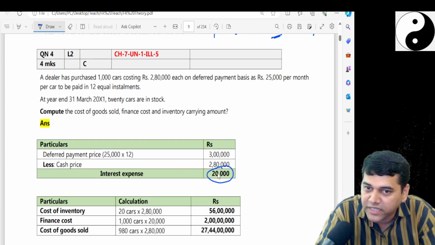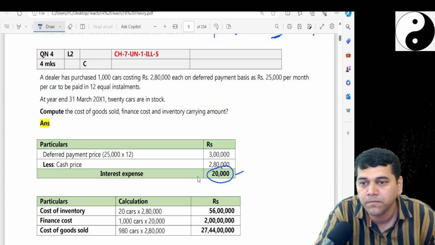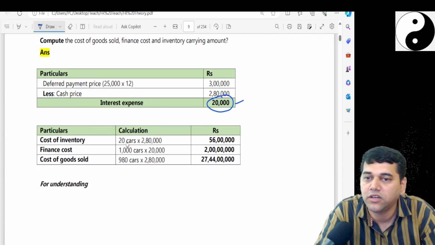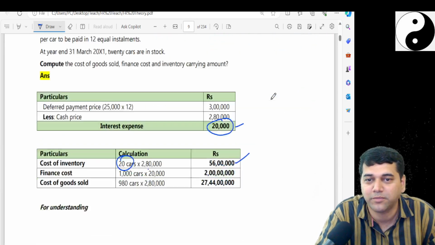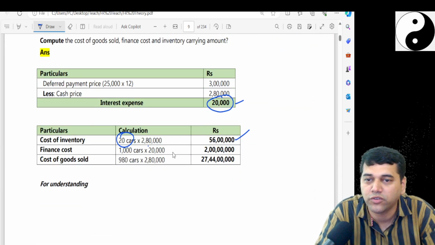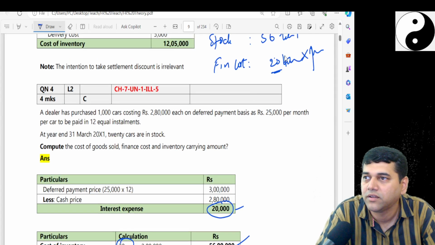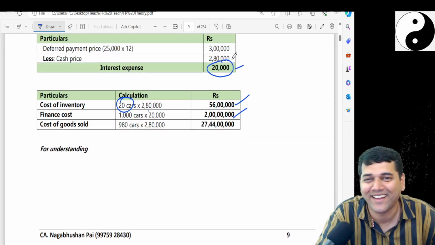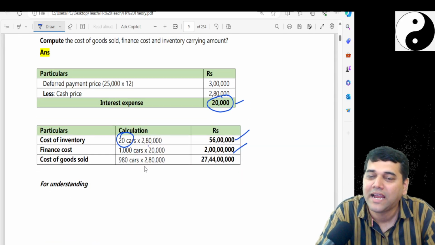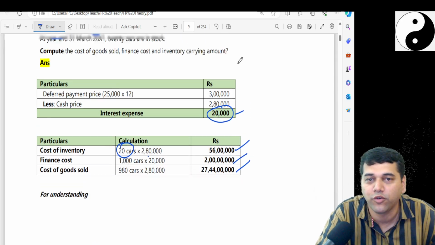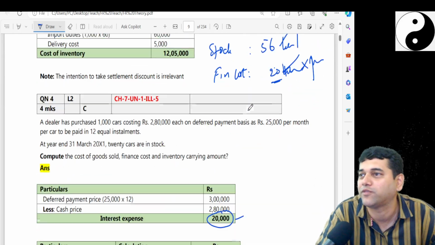So first, finance cost you need to calculate as a working note. Now what is your COGS? 20 cars into 2.8 lakhs, 56 lakhs. Yes, 56 lakhs, perfect. Finance cost is 1000 cars into 20,000, 2 crore. And COGS is 27.44 crore.